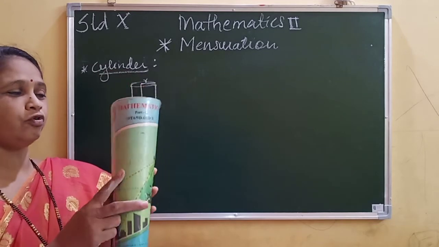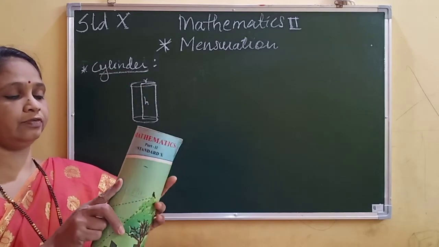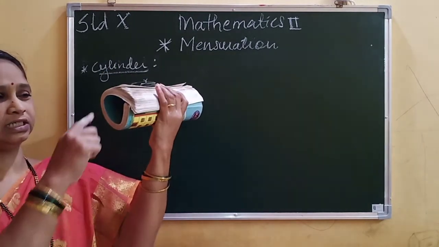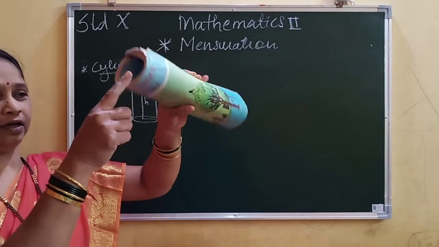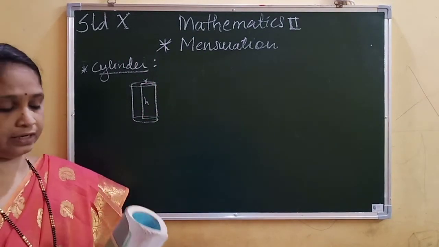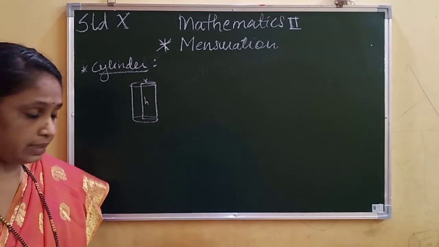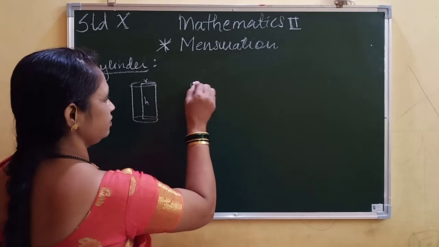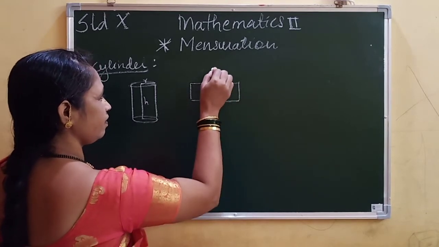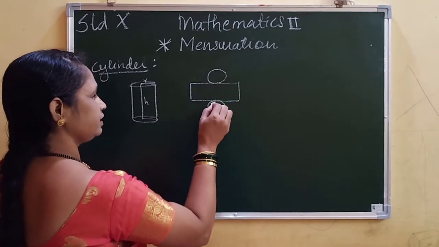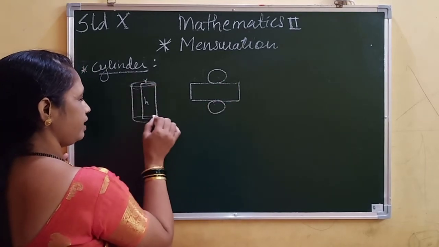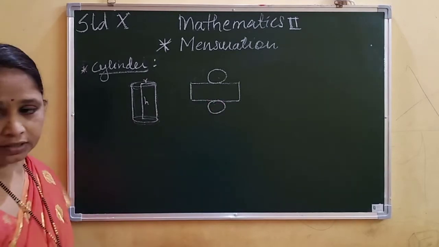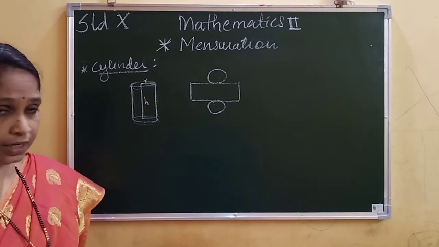If you fold it in this way, it will look like a cylinder. These two circles are up and down, and the middle portion is in rectangular form. So now you have to find out the curved surface area.